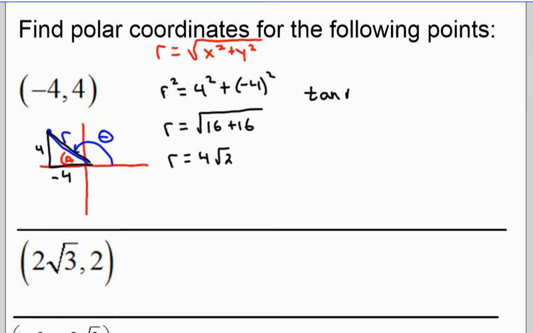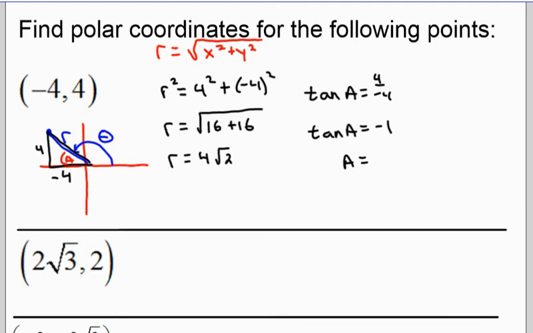The tangent of A would be 4 over negative 4. So tangent of A would be negative 1. And tangent is 1 at 45. Right, we want it to be negative 1.